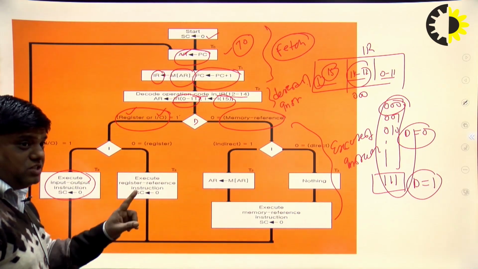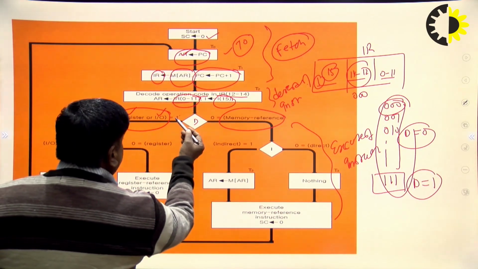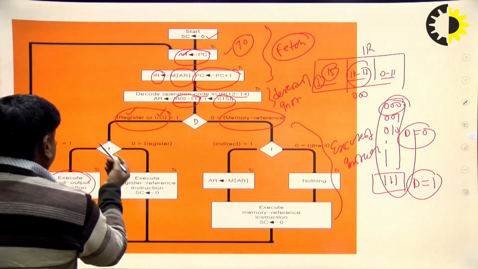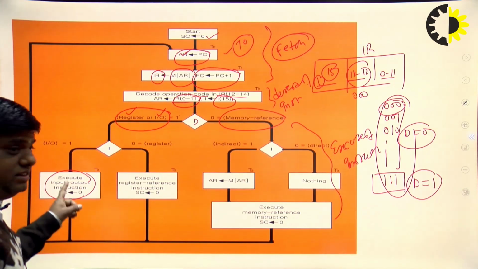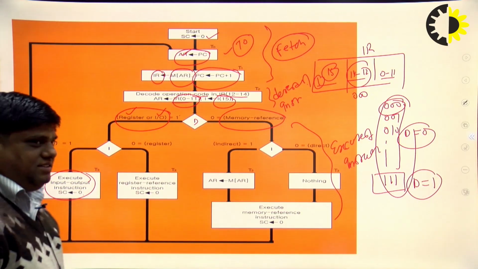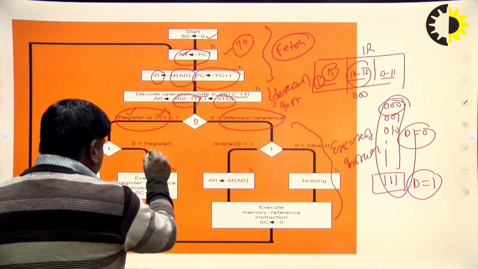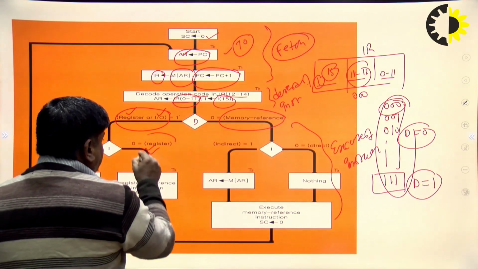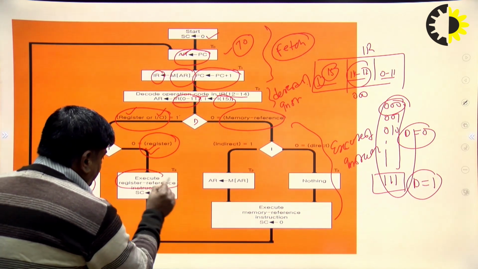It means the first instruction is executed. If D is equal to 1 and I is equal to 1, then the instruction is executed as input output reference. Move on. If D is equal to 1 and I is equal to 0, then the instruction is executed as register reference.